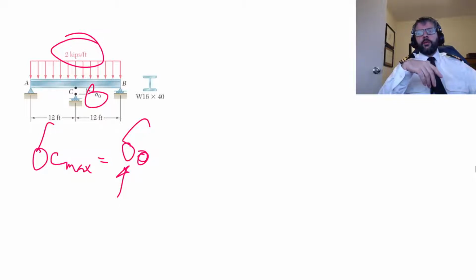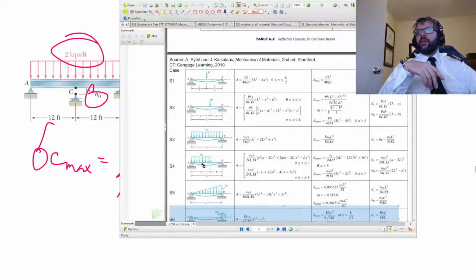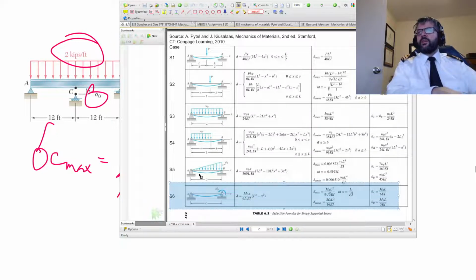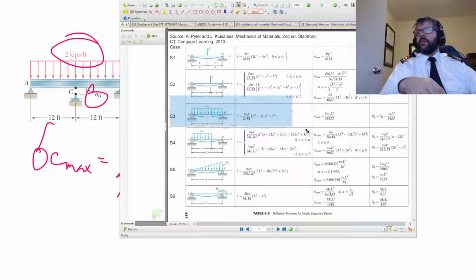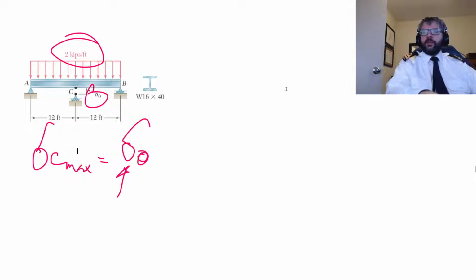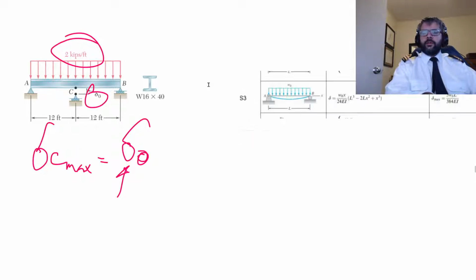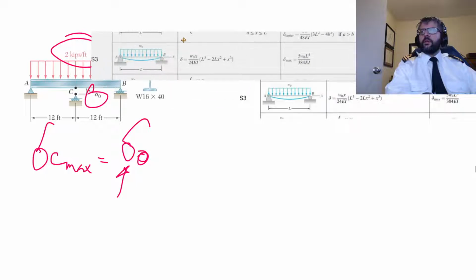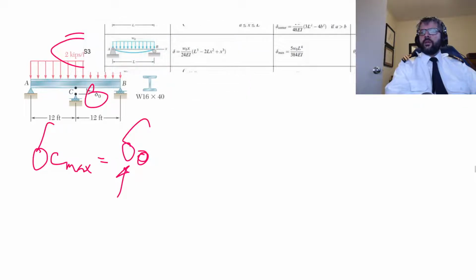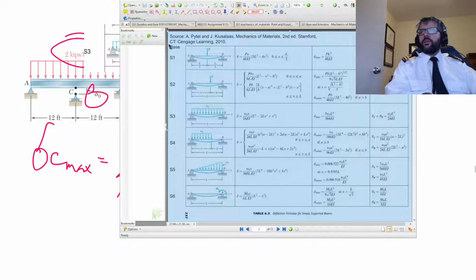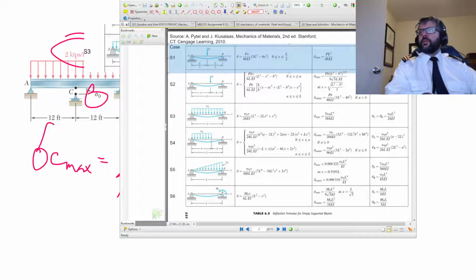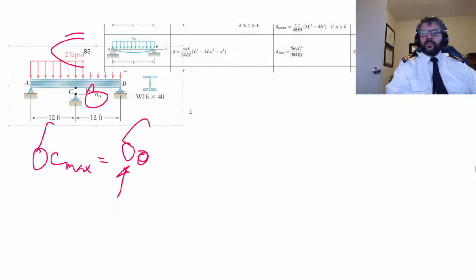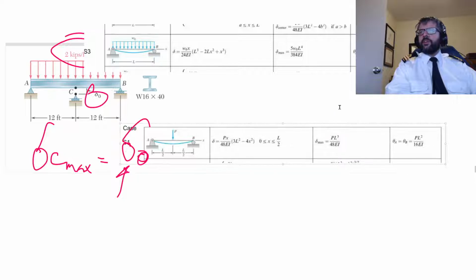So again, going back to our formula sheet, that would be basically this formula and this formula. We get to use S1 instead of S2 because it's in the center.